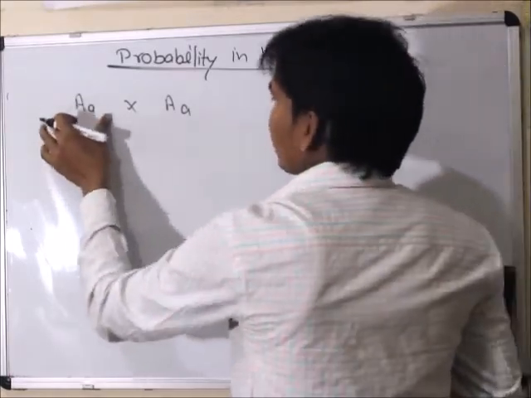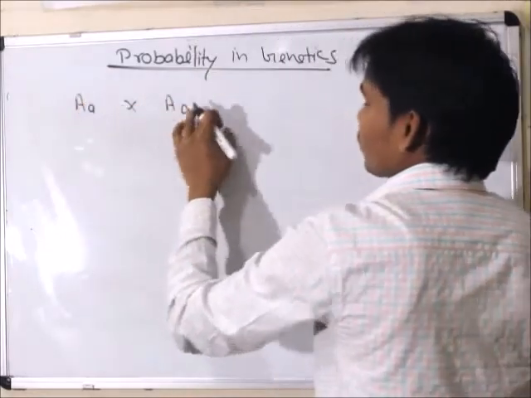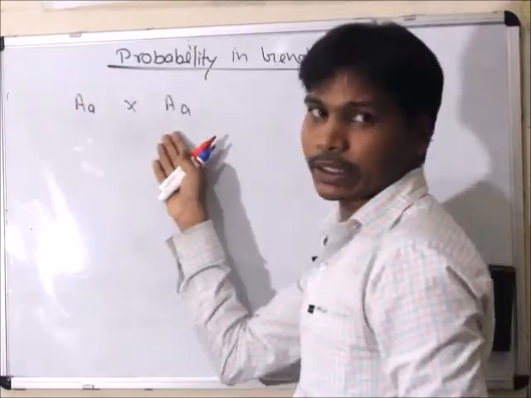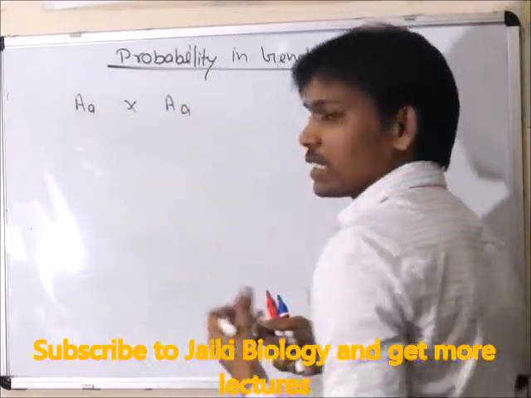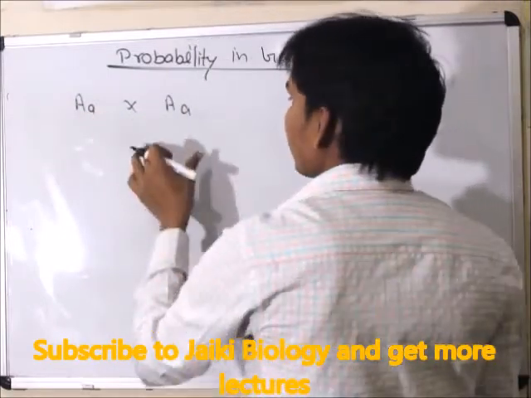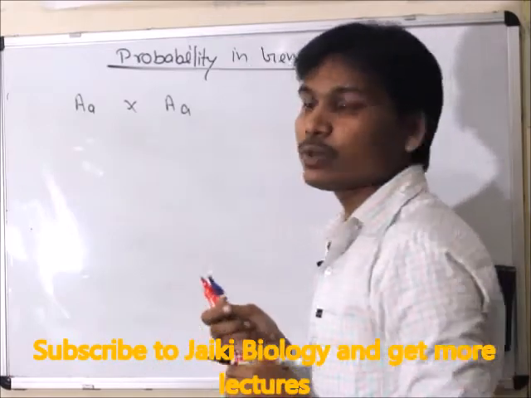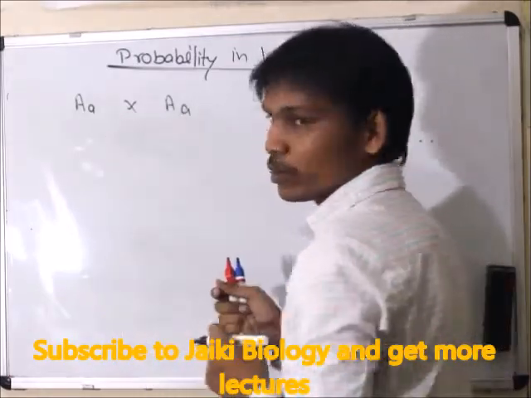So this is responsible for the appearance of the disease in the recessive condition. If both parents are heterozygotes, they have no disease. But if these parents have 3 children, what is the probability that all the children have albinism?